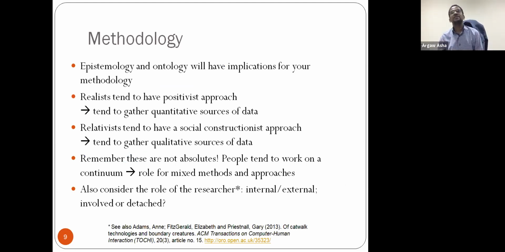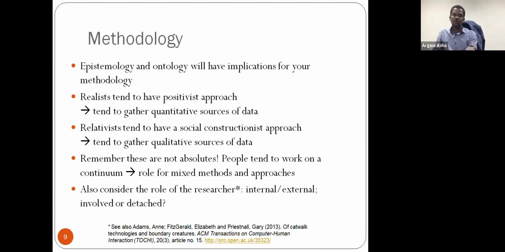There are different methodologies, and those methodologies depend on their combination, or they can use some of the implications from epistemology and ontology.